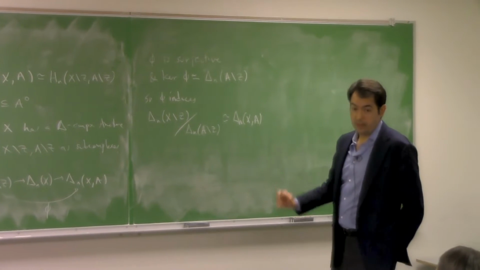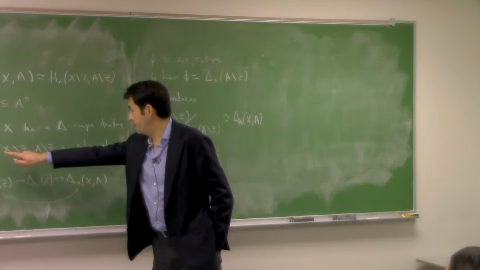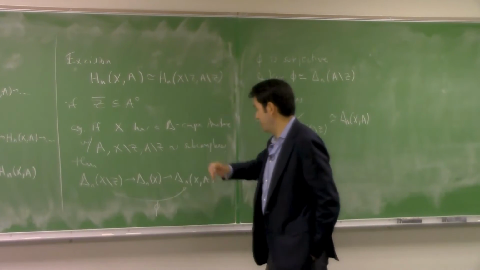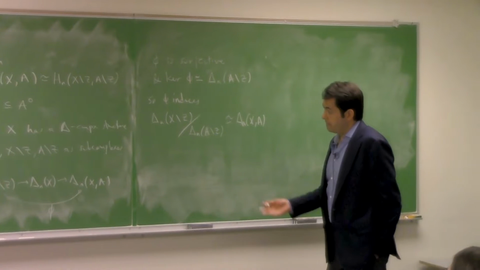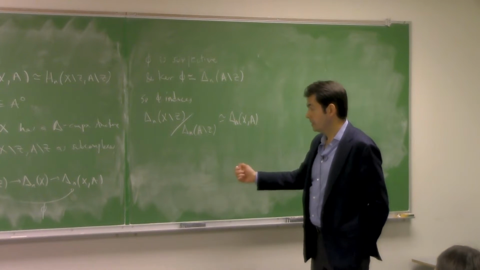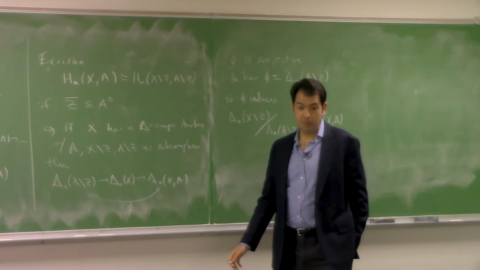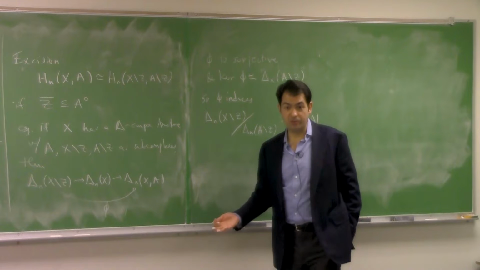this works out great in this case, as long as you have a delta complex structure that has each of these as subcomplexes. So the problem in general is that you don't have this nice decomposition of your simplices, right?